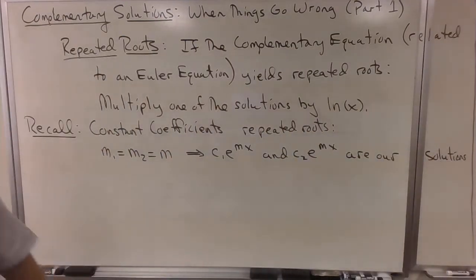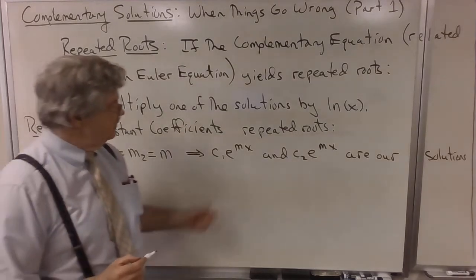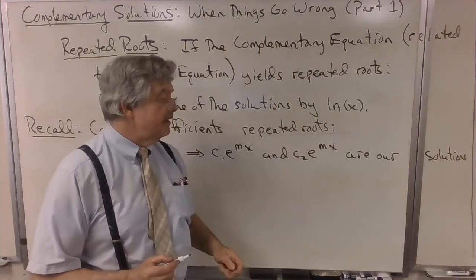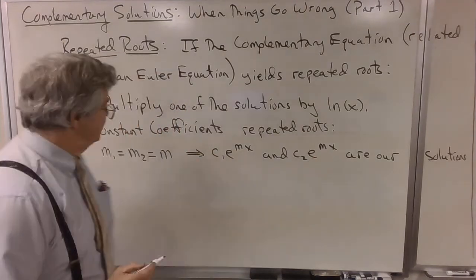We have a double root and we get these two solutions, C1 e to the mx, C2 e to the mx, but they're the same solution.